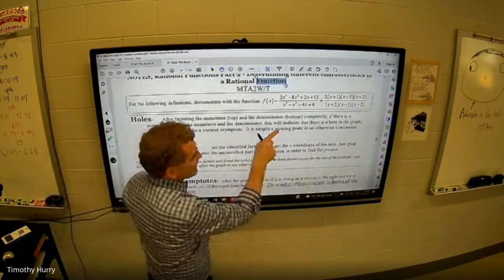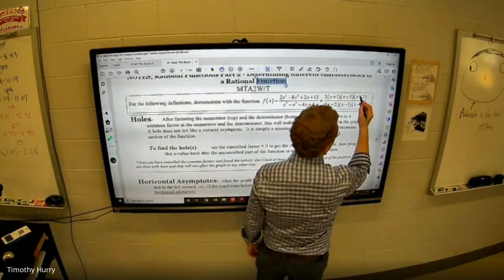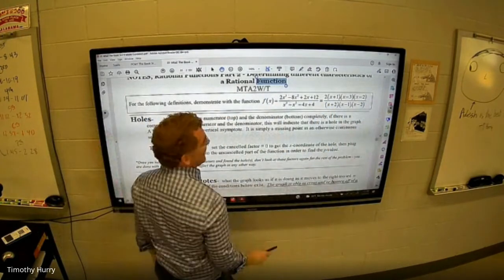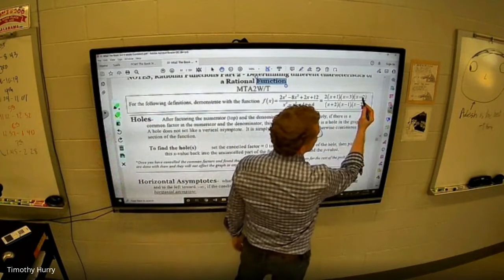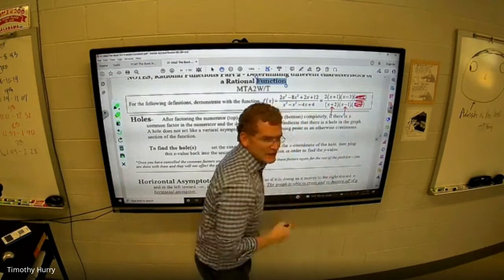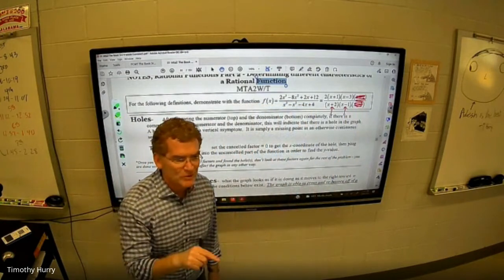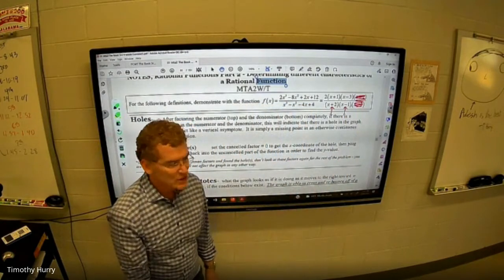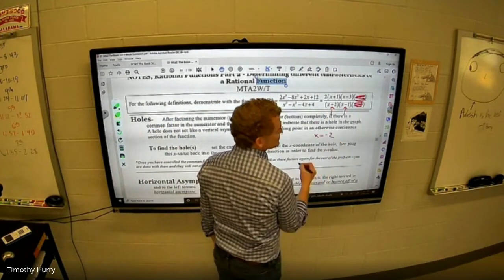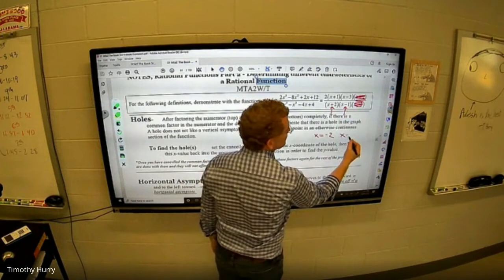And when I look back at this denominator, remember, I have already canceled out my holes. So I look back at this and I go, oh, right here and right here, those X values represent vertical asymptotes. So all I do is set that equal to 0 and solve, set that equal to 0 and solve.